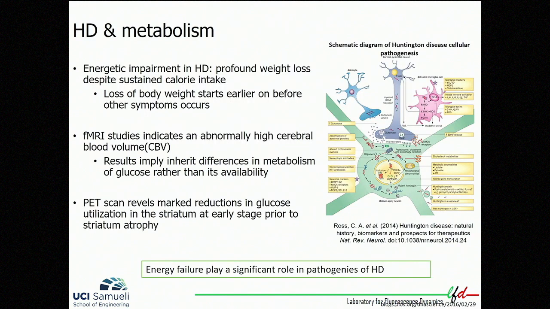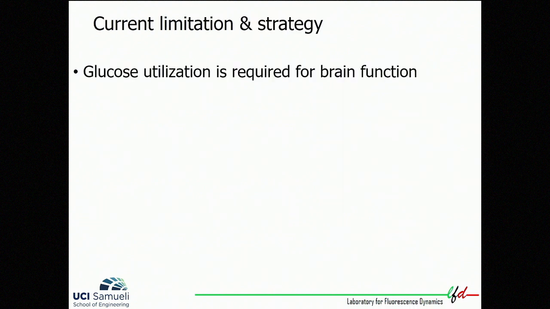And of course, there's a variety of different approaches to look at metabolism within Huntington's disease. There's a very profound energetic impairment. You can use fMRI studies or PET, which reveals a marked reduction in glucose utilization in the striatum. But energy failure at the end leads to a significant role in dysfunction of the respiration system.